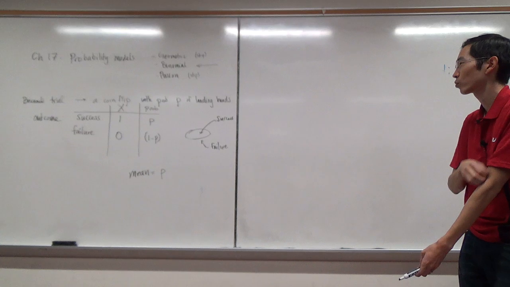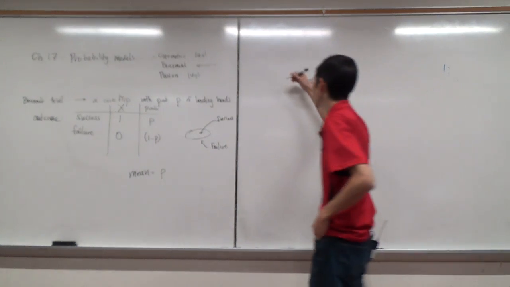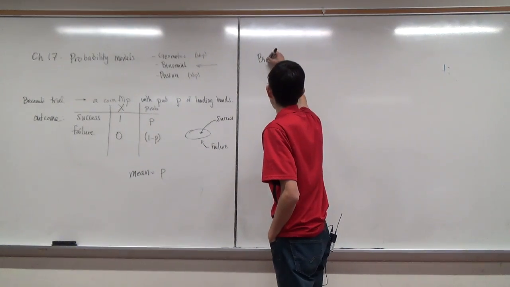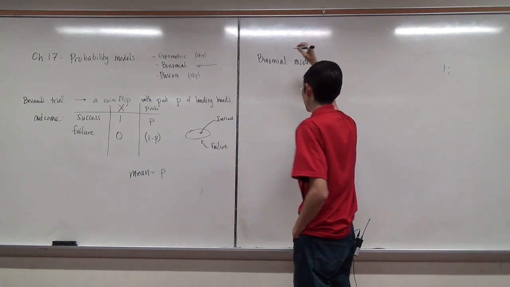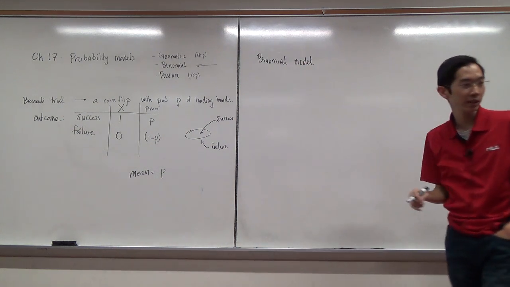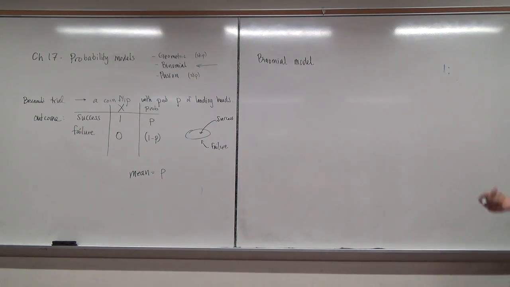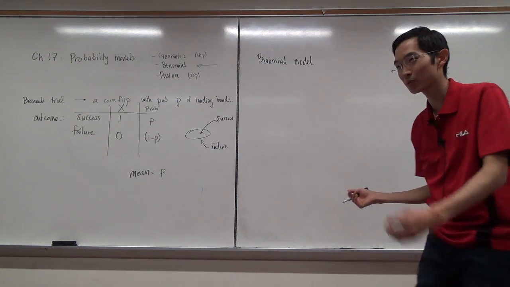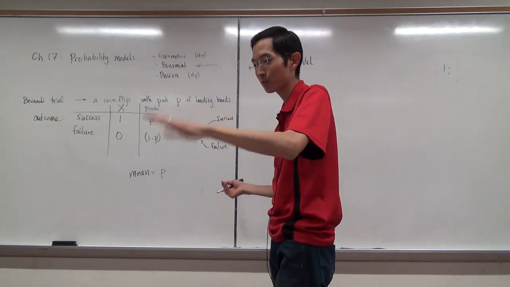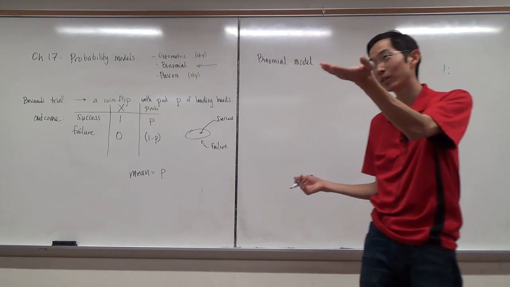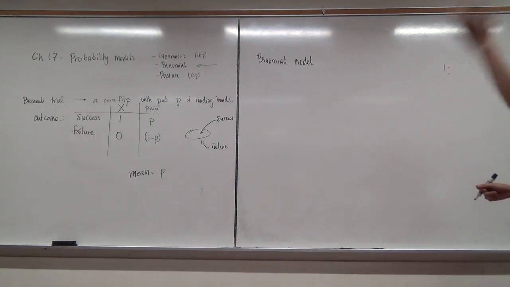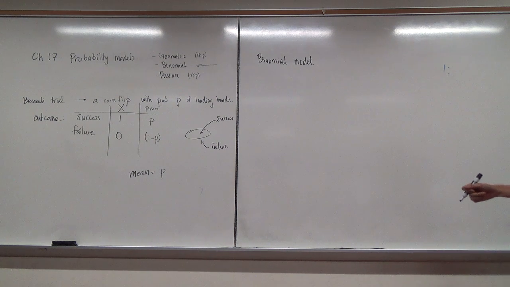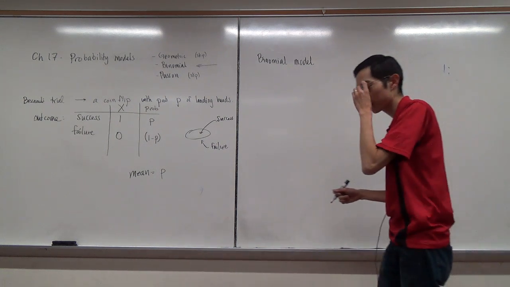The binomial model is an extension of that. Rather than just flipping this coin once, which is not that interesting, because we know it's just going to land on success or failure with probability P or 1 minus P, let's say I flip the coin 10 times, or 20 times, or 7 times, it doesn't matter.